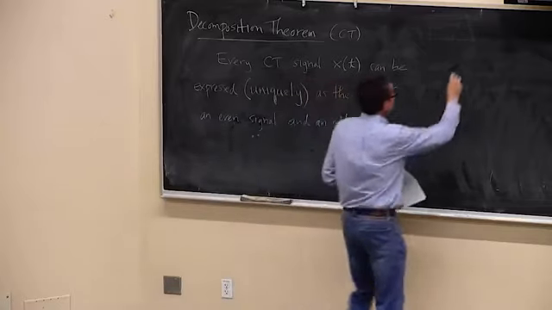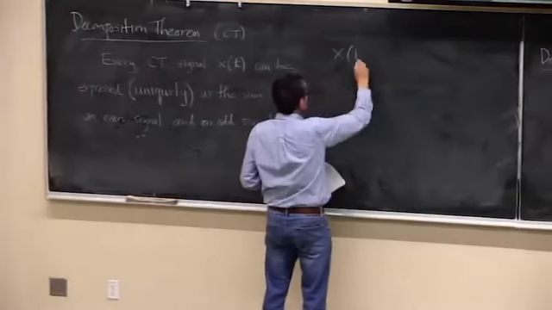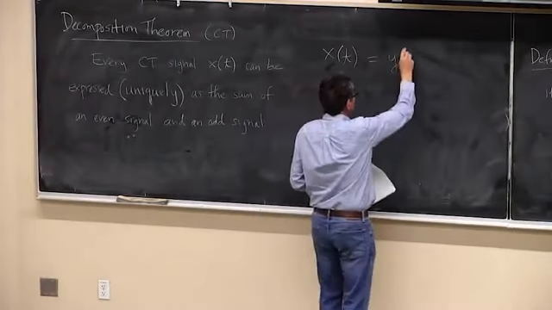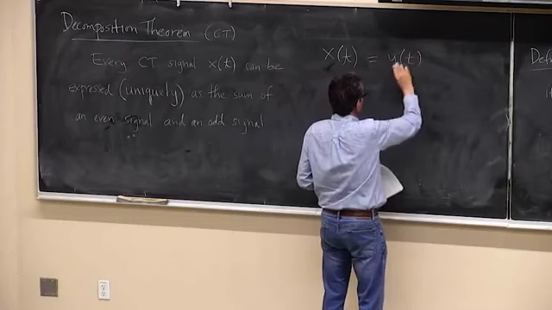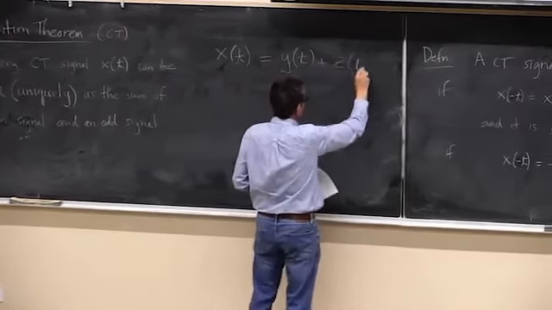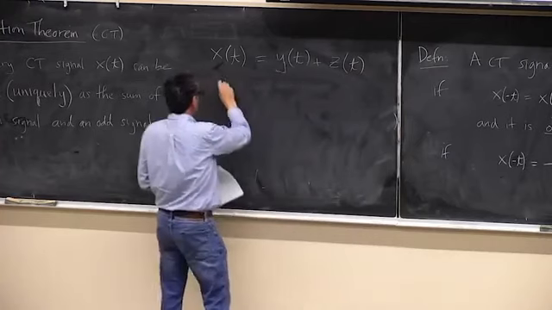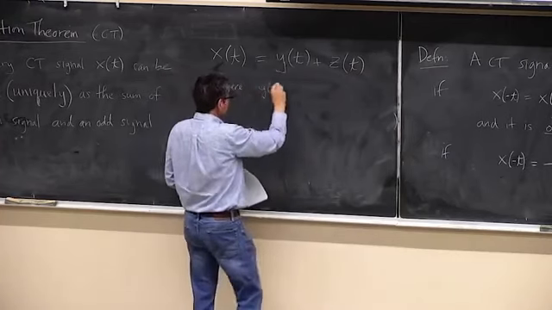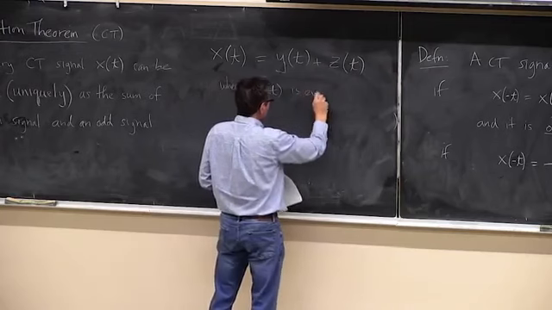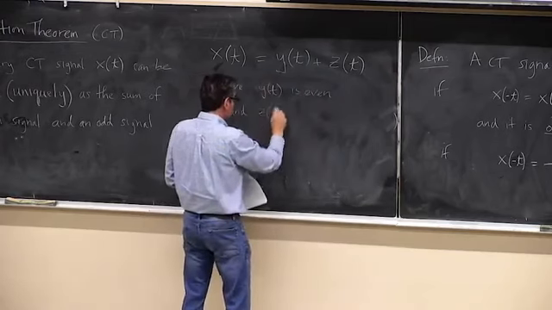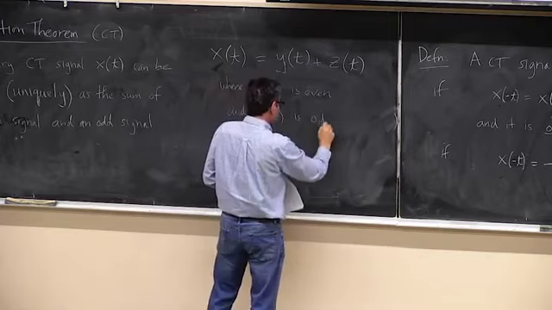So in other words, you give me my signal x of t, I want to write it as y of t plus z of t, where y of t is even and z of t is odd.